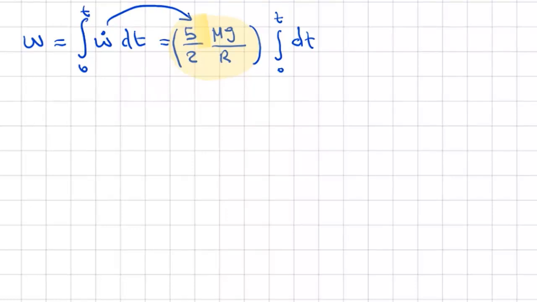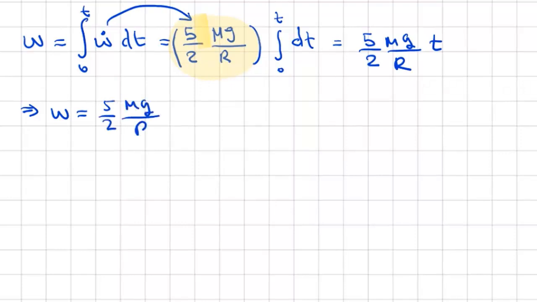And the integral from 0 to t of dt is t. And this equation is going to take the form 5 divided by 2, mu g divided by r, multiplying t. We call this equation number 4.